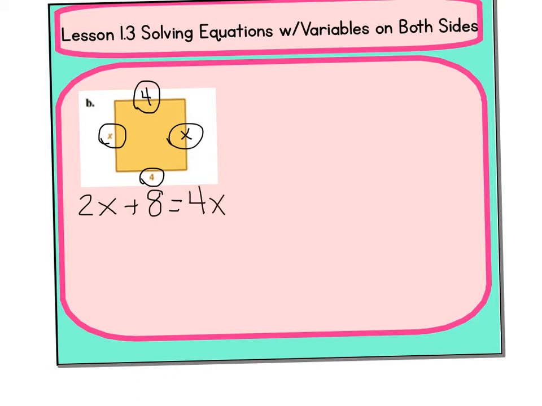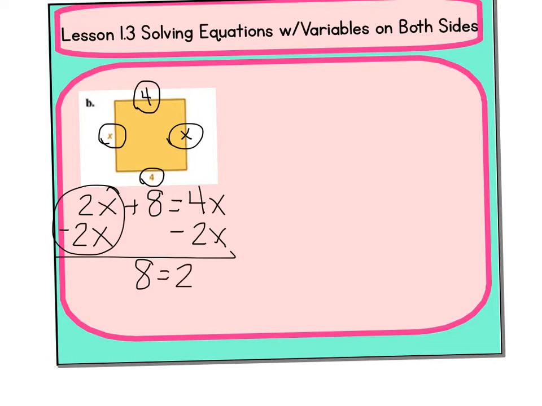I'm going to get all of my x's together by subtracting 2x from both sides. That leaves me with 8 equaling 2x. Since my x is not yet alone, I see it's connected to a number by multiplication, so I'm going to undo that multiplication by dividing. And in this case, x is going to equal 4.